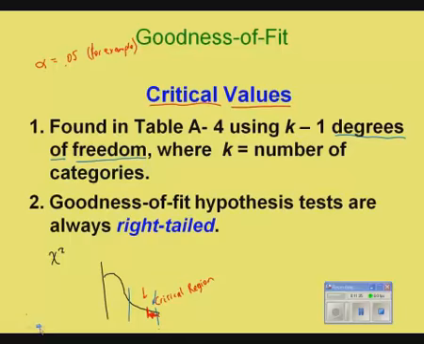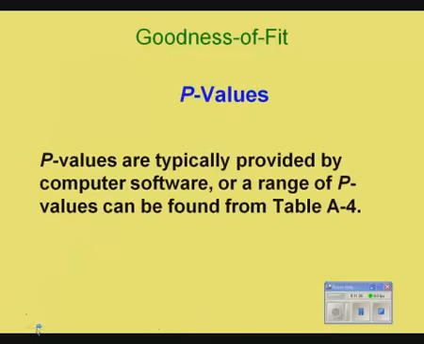We'll show you an example how to do this. Oh, it says that you can get p-values from computer software. TI-83 works fine. Or 84 works fine for this. So I'll try and walk you through that today also, if you have your calculator. Or you can just use table A4, either one.